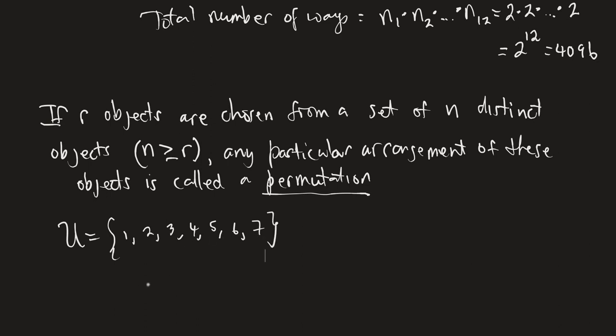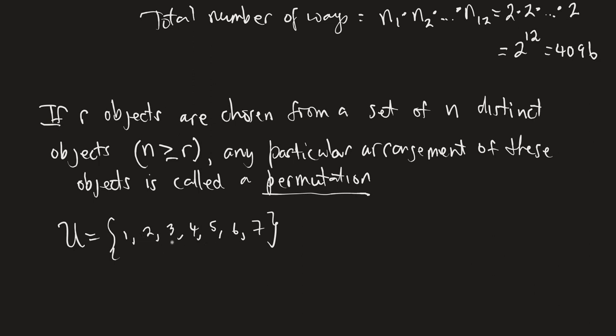You are allowed to use these 7 digits and create a locker combination. Let's say this particular combination lock is comprised of 4 digits.